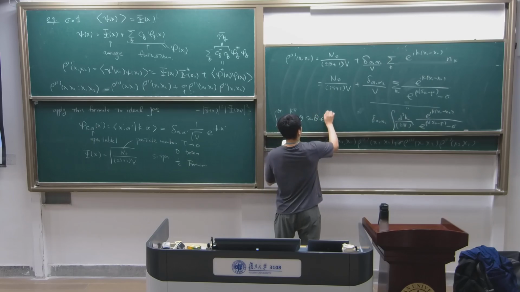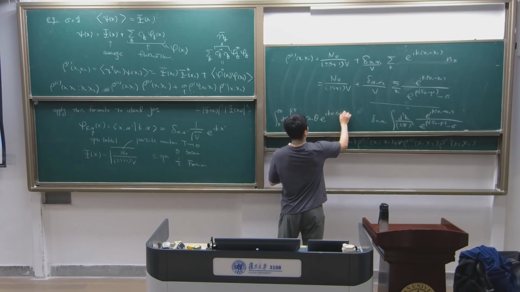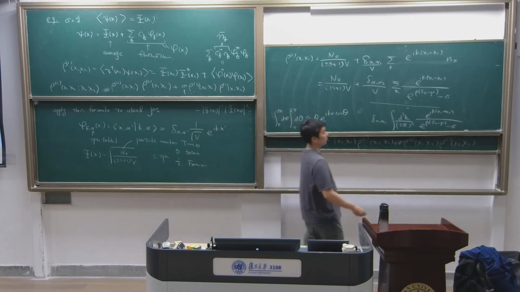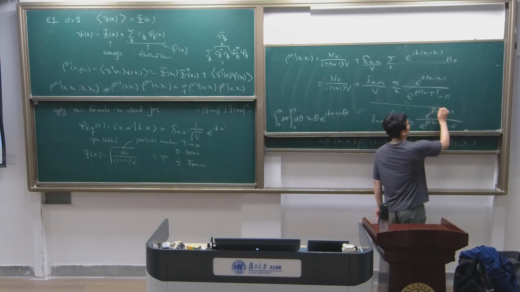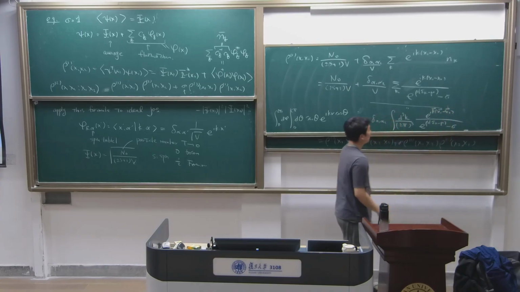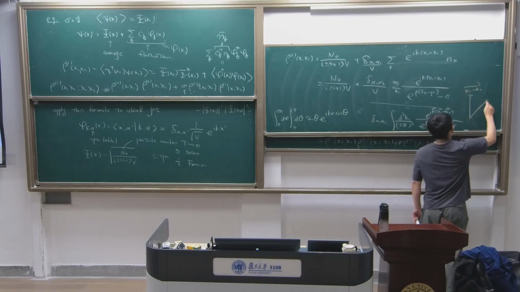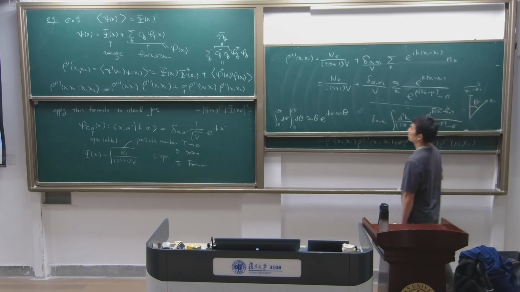Then e^{ik·R}. So here I just have an inner product as a vector, where this is x1 minus x2, and k is something like this one.